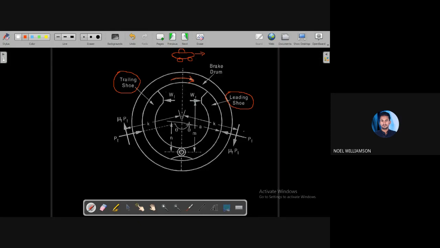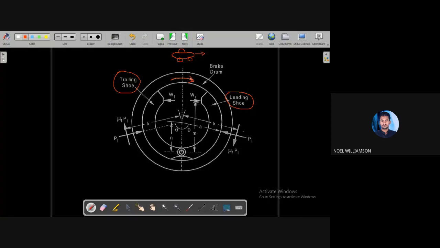Now when we apply pressure on the pedal, this will move, through a mechanism. This is the pivoted joint, and the actuating forces are applied on this particular surface using a cam mechanism or similar.